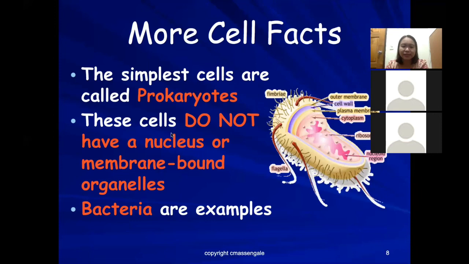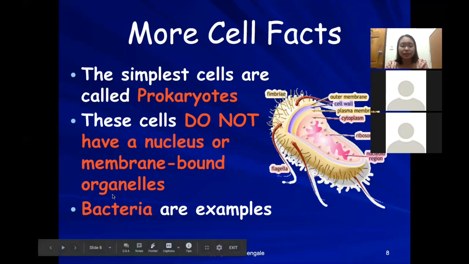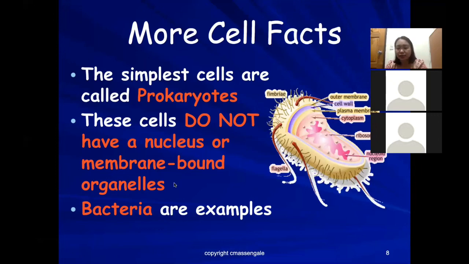So I used to remember this: prokaryotes are simpler than eukaryotes. So they don't have a nucleus, which means no membrane-bound organelles. So wala silang nucleus, and the best example of this are the bacteria, because they don't have a nucleus.